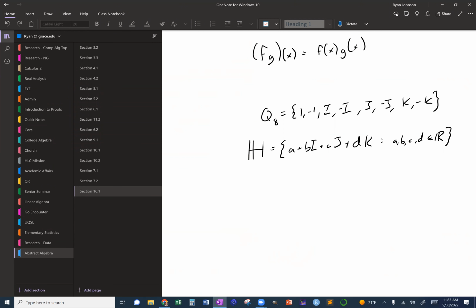When you multiply two things from the quaternions, let's say alpha equals A plus BI plus CJ plus DK, and beta is equal to X plus YI plus ZJ plus WK, then alpha times beta is this really awful computation where you FOIL, but for 4 things and 4 things.